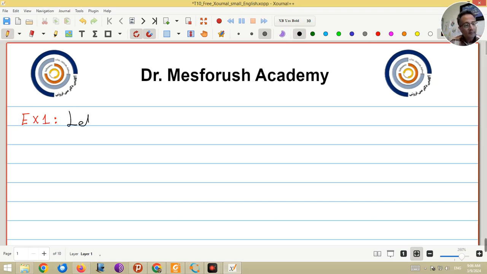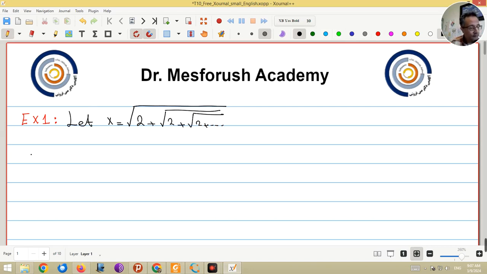Let x be equal to square root of 2 plus square root of 2 plus square root of 2 and so on. We can find x easily by, in fact, a second order equation. But we want to solve this problem by fixed point method.